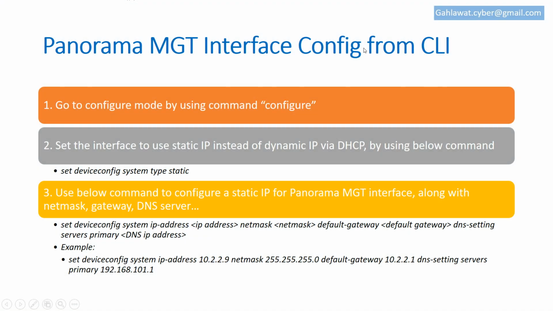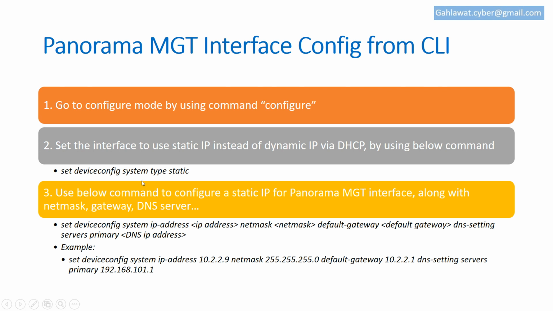To change the management interface, we need to go to the configuration mode, which we are already in. By default, the interface might be set to use the IP via DHCP. So we can execute the command: set device config system type static.